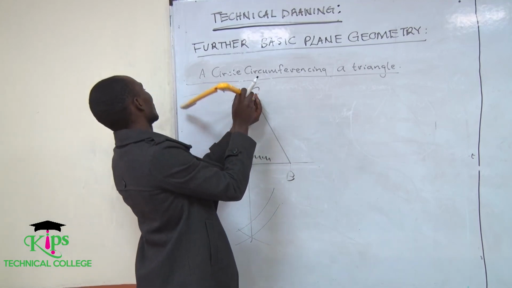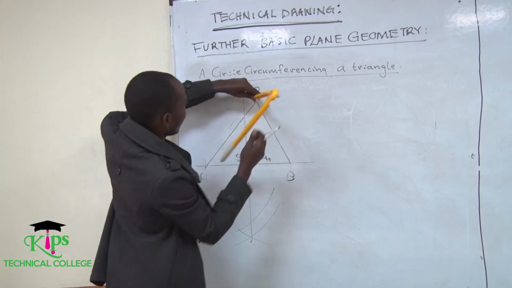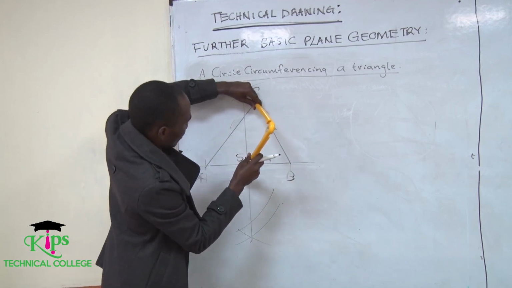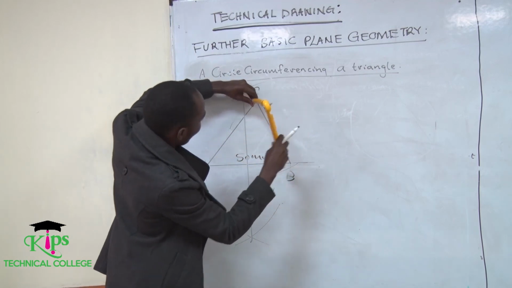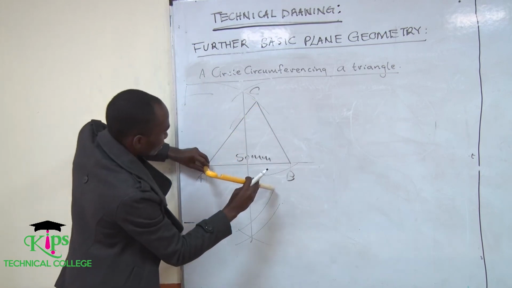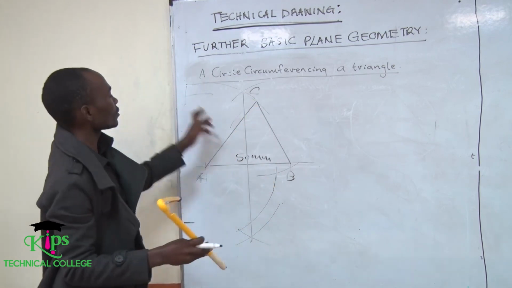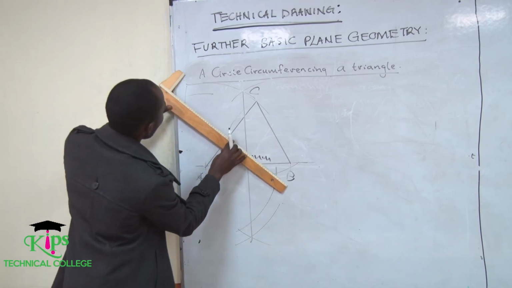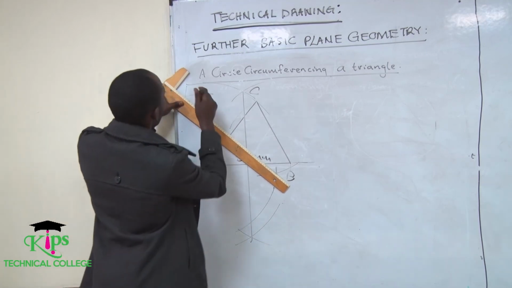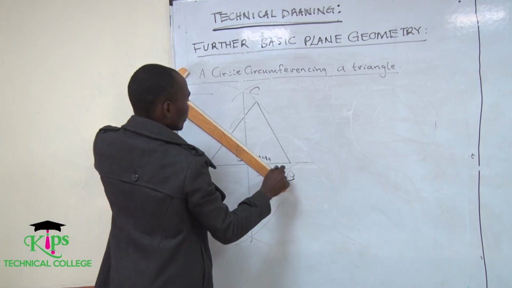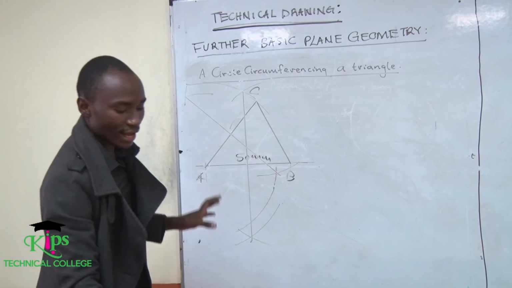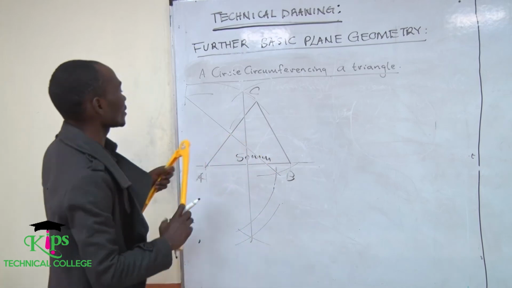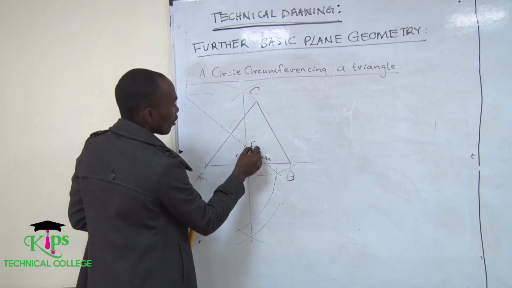I will also stand here, make a mark, make another mark. So wherever those two marks intersect, I will take up my ruler like this. Then join. Then from there, where those two lines intersect, let me call it point O.